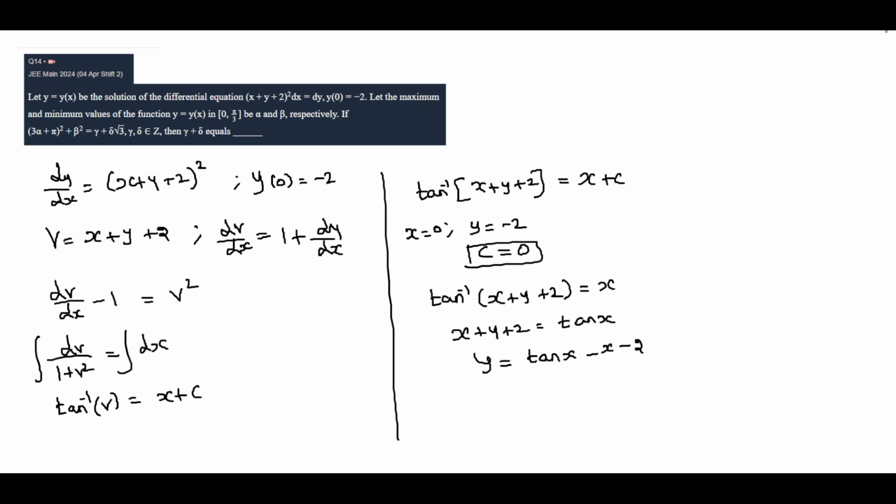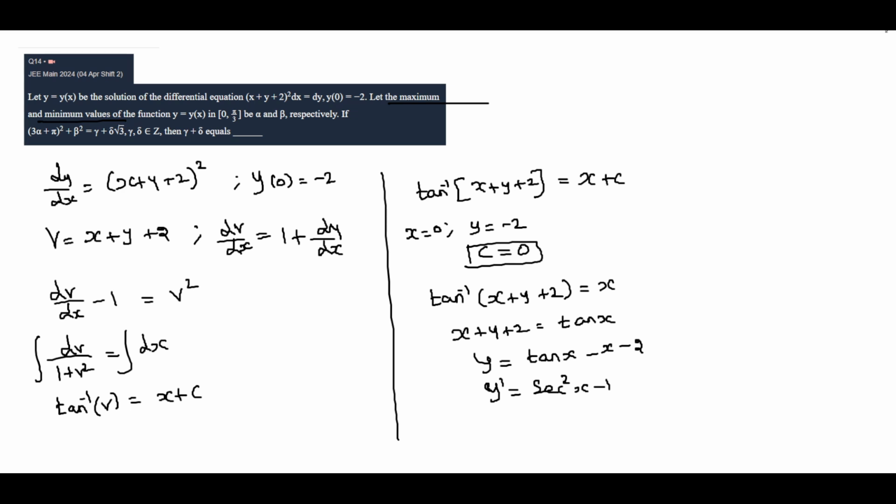This is a function. Now we need to check the maximum and minimum value of the function. So just differentiate it: y dash equal to secant square x minus 1.